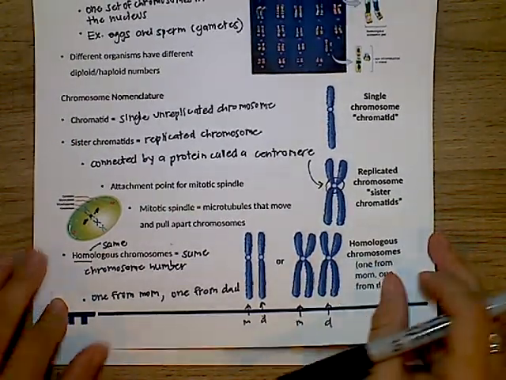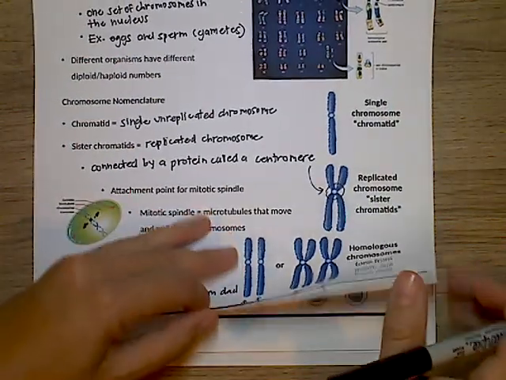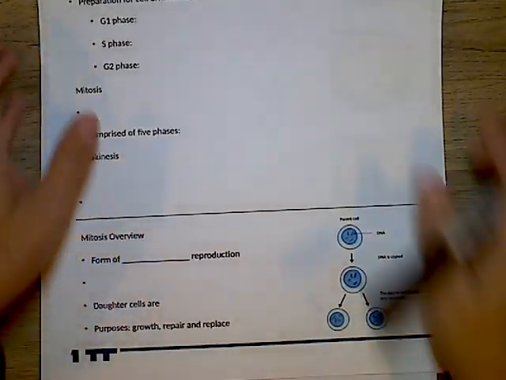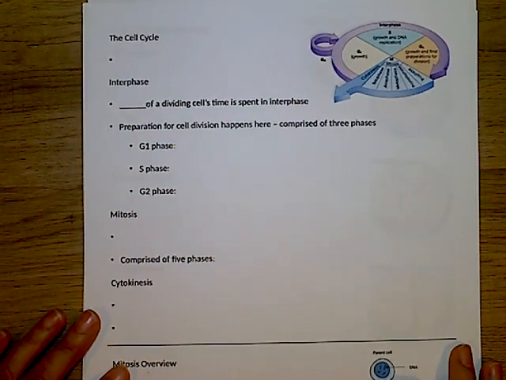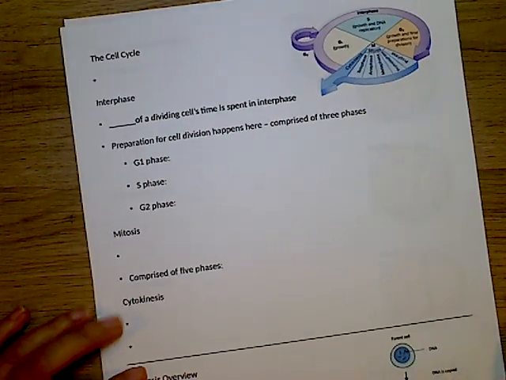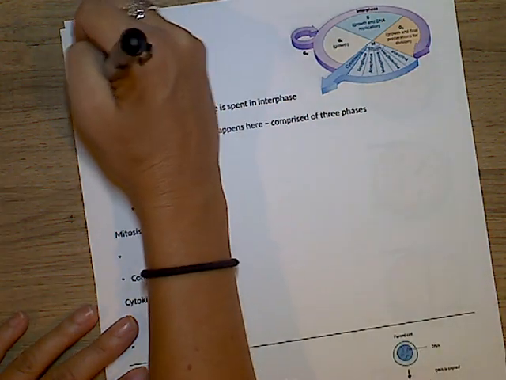All right, let's get into the cell cycle. So actively dividing cells go through the cell cycle.